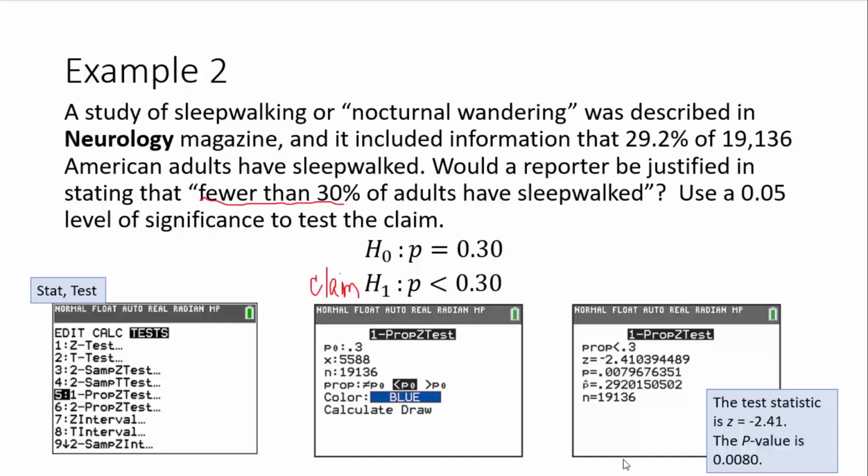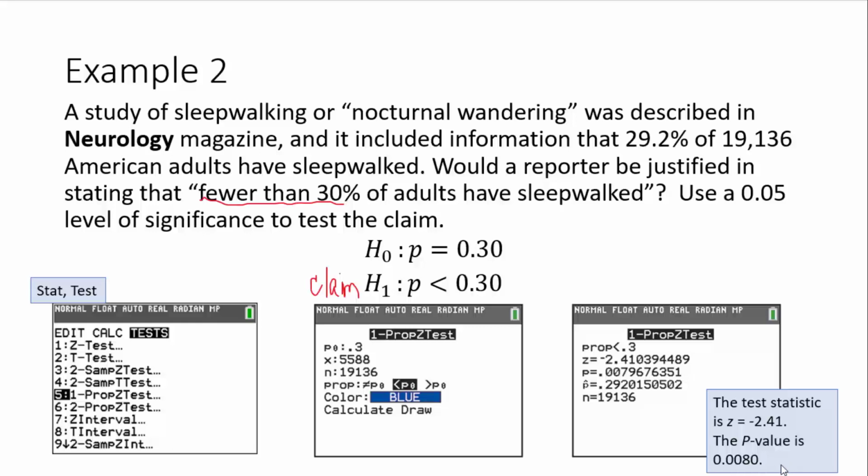And I hit calculate, and I get my values. Now remember, two different values are going to allow me to conclude this two different ways. First of all, I have the Z, and since this Z came from a test, this is the test statistic. P is 0.00796, which rounds off, as I have down here in the blue box, to 0.0080, and that is my p-value.